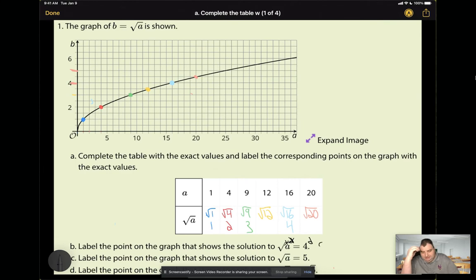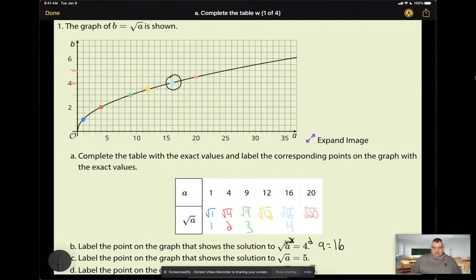So I would have a equals 4 squared, which is 16. So a would be 4 squared, which equals 16. So when a is 16, the square root of a should be 4. So that's going to be this point up here that I just circled in black.